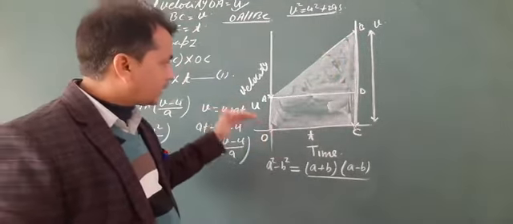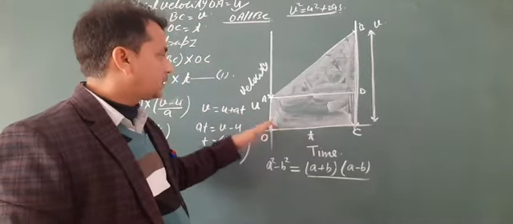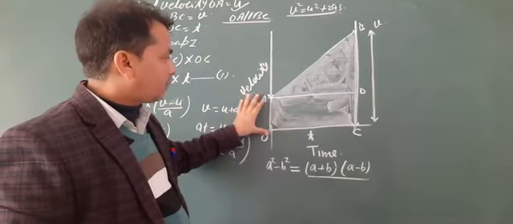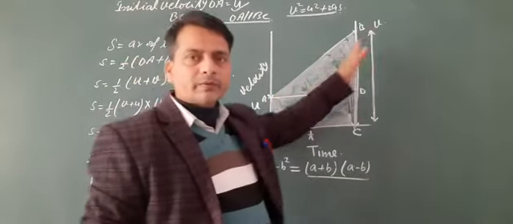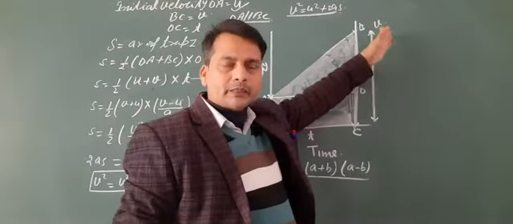Now the second step: after T time the velocity changes to the final velocity at the point B, that is V.